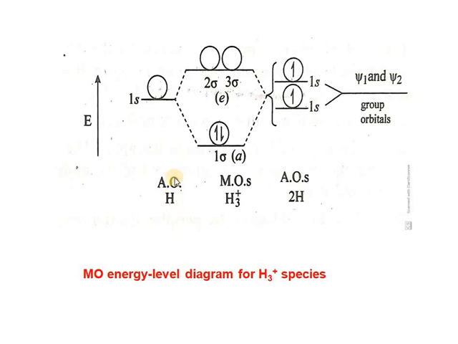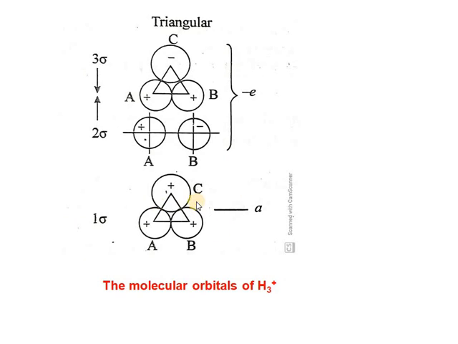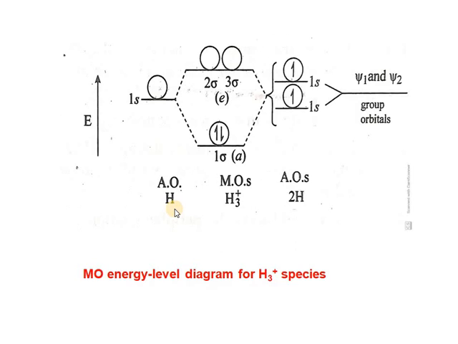So atomic orbitals for this H and atomic orbitals for this second H. So these two electrons from psi1 and psi2, having a group orbital, come here and give the 1σ orbital as A1, right? Means this is the type 1σ orbital. But we observe that this one electron which clusters with the other two orbitals is greatly, right?